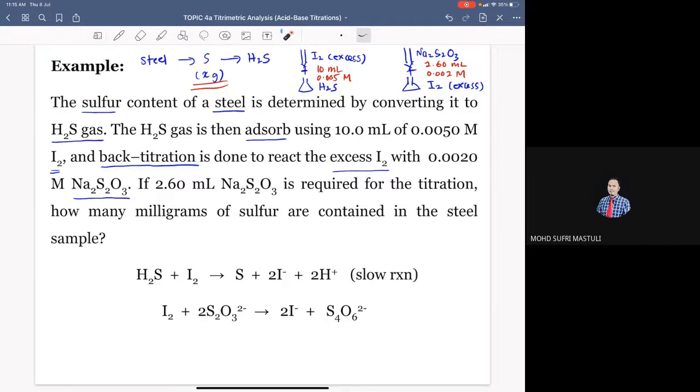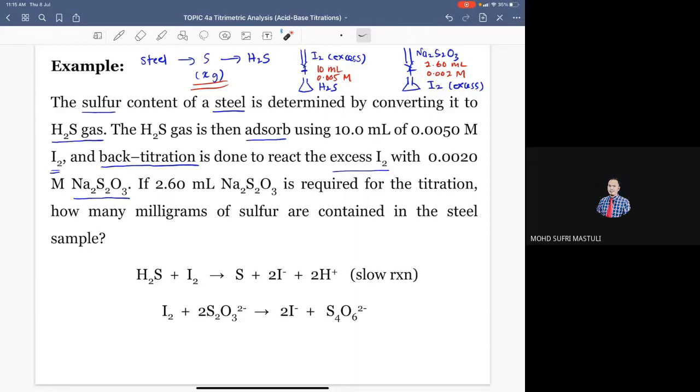So this chemical equation is already given in the question. It's quite easy because it's already balanced. So we just understand the stoichiometry relationship between reactant and reactant during the calculation.